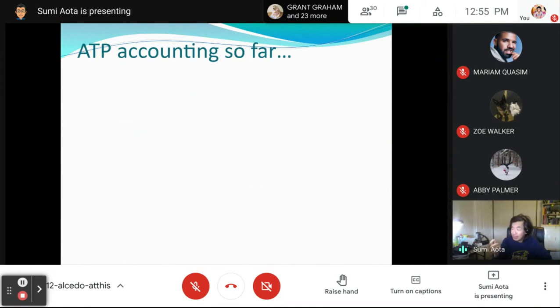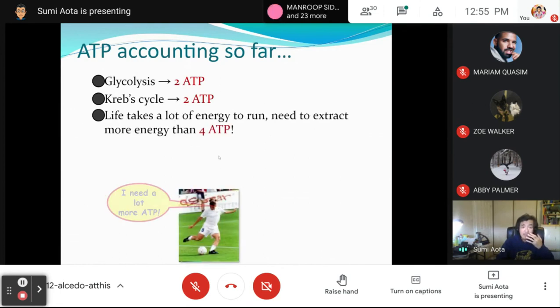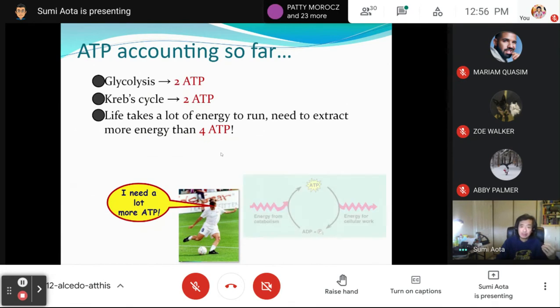So the ATP accounting up to this point: glycolysis produced 2 ATPs by substrate level phosphorylation. So did Krebs. But obviously your cells run on a lot more than 4 ATP.